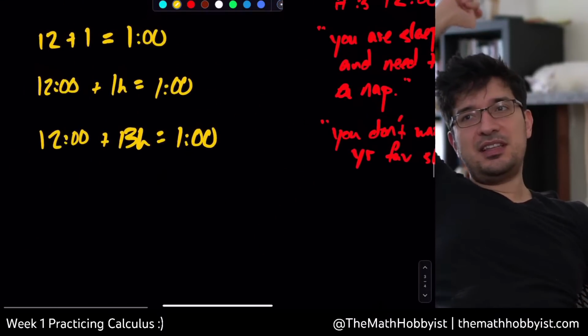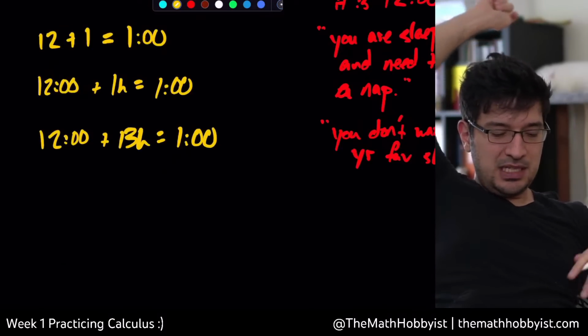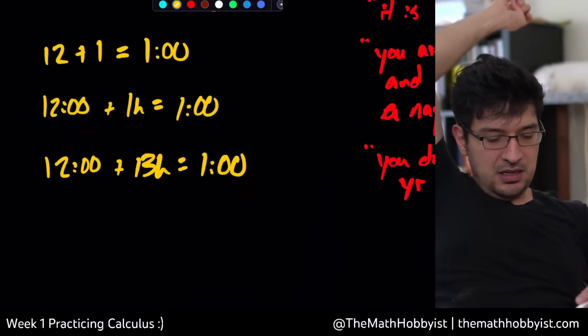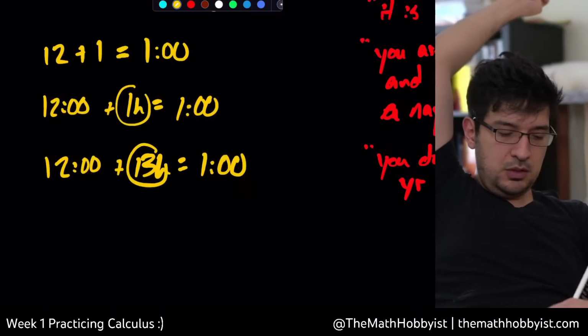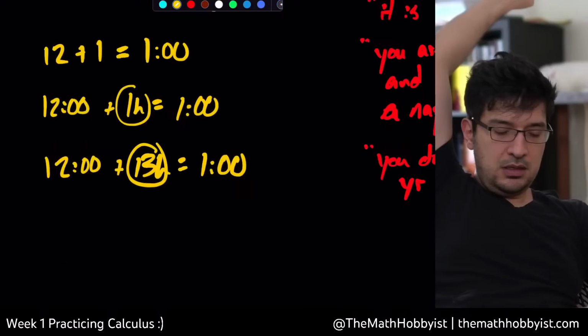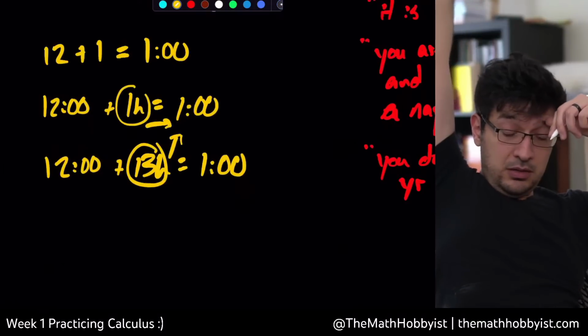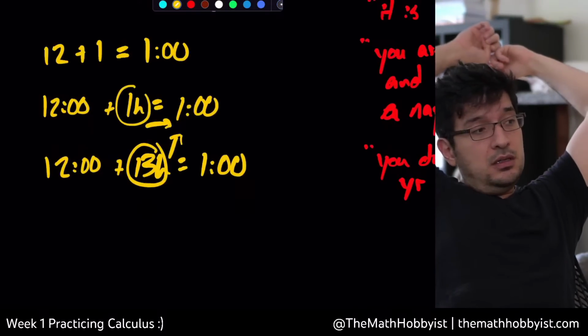It's a very silly question, but it has some nice aspects about it. So these are two different additions that both add to the same number. So we can think of that as a function.